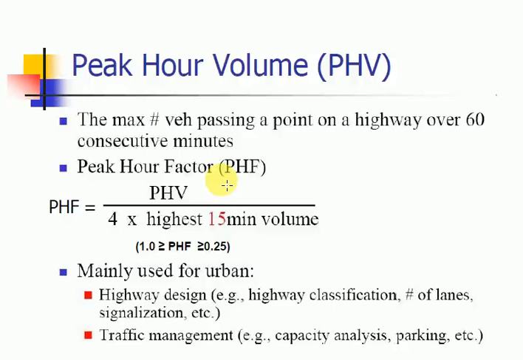It means that for a rural road that factor will be less, for a major road the factor will be more, and for a minor type of road the factor will be less. So for different types of road, and based on the condition of traffic, that factor varies.